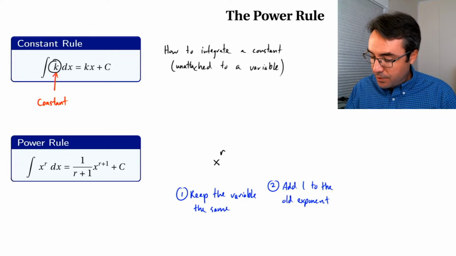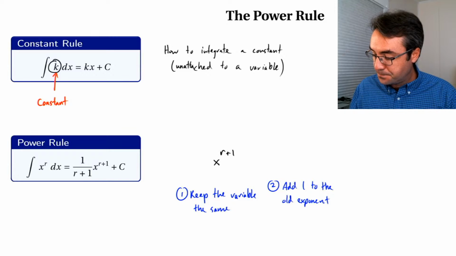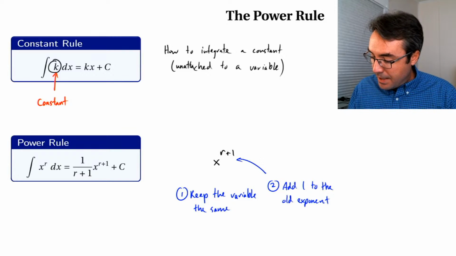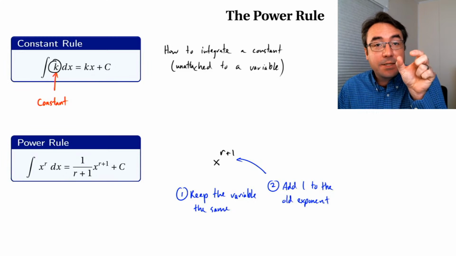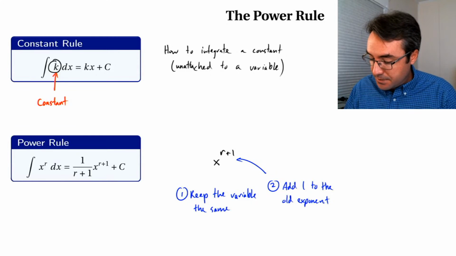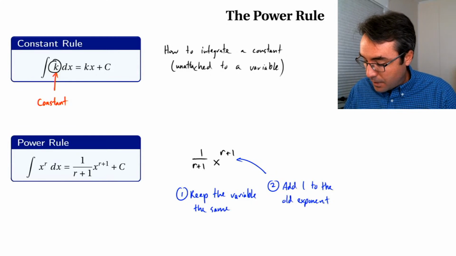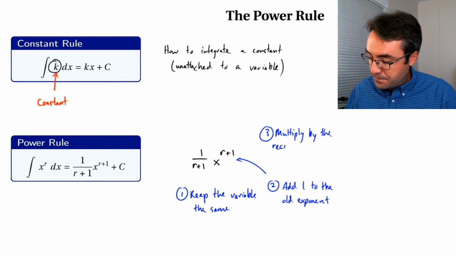Our old exponent was r, we add 1 to it. And then the third step is to take that new exponent and flip it and put the reciprocal in front. So 1 over r plus 1. That's the last step for doing this power rule. So we multiply by the reciprocal of the new exponent.